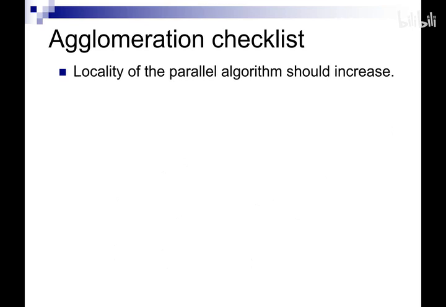Okay, so in terms of what you want to achieve for agglomeration, we're trying to reduce communication through agglomeration, right? So another way to say that is that the locality of the algorithm should improve. Okay, locality basically means that you don't need to go to remote processors to do something, right? You don't need to communicate with remote processors. You can stay within your own local processor.